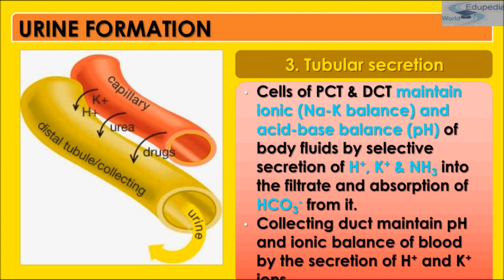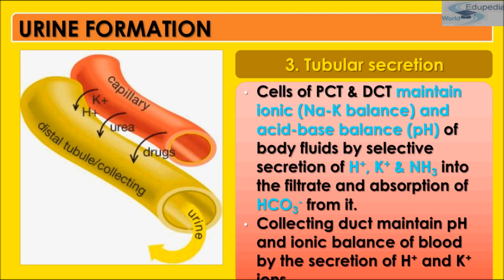So a large amount of water can be reabsorbed from this region to produce a concentrated urine, and this segment allows passage of a small amount of urea into medullary interstitial fluid to keep osmotic concentration. So you can say that the collecting duct plays a vital role in maintenance of pH and ionic balance of blood by selective secretion of H+ and K+ ions.